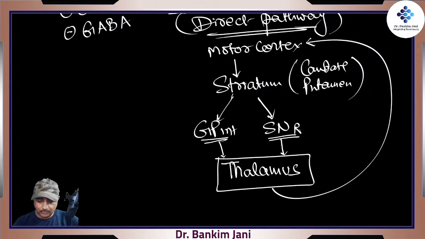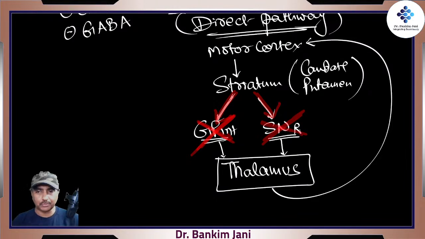What would the striatum be doing in this case? It would be inhibiting the GP internal and substantia nigra reticulata, both of them. When they are inhibited, our thalamus is released, the thalamus is free, the thalamus is happy.